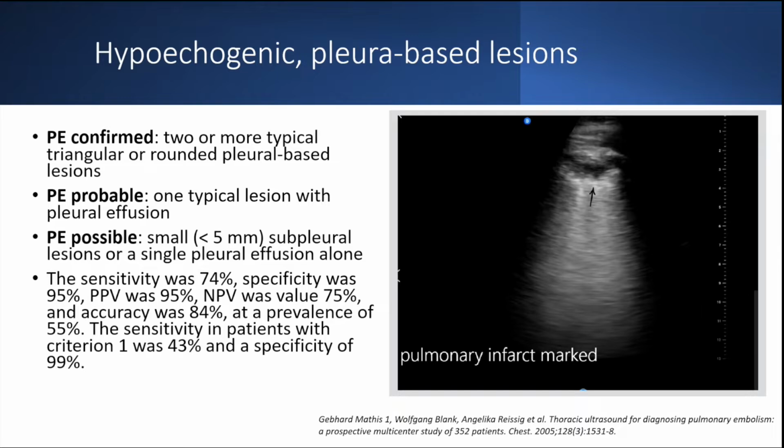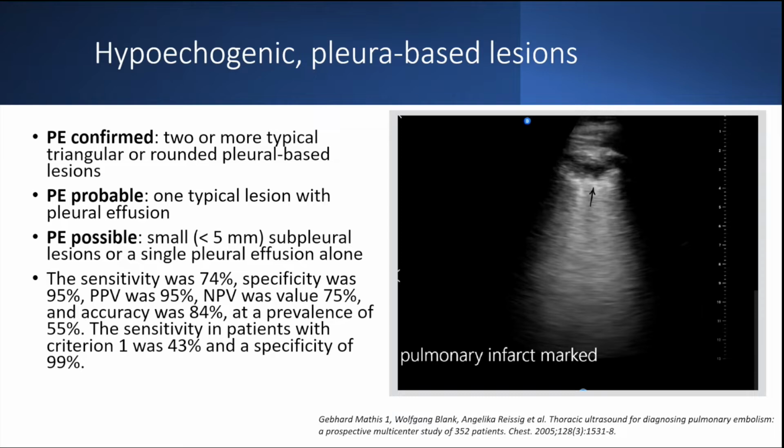There's a study which included 352 patients with suspected PE, and the patients were investigated prospectively by ultrasound according to these criteria. PE is considered confirmed if two or more typical triangular or rounded pleural-based lesions were found.